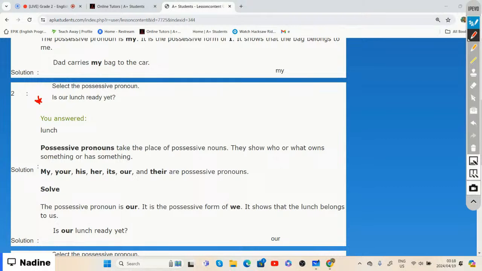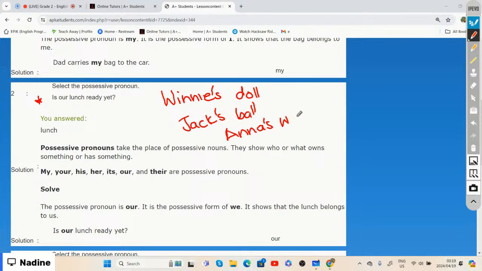I said earlier that the possessive pronoun takes the place of a possessive noun, right? For example, if your name is Winnie, then we say it is Winnie's doll, or it is Jack's ball, or it is Anna's watch.